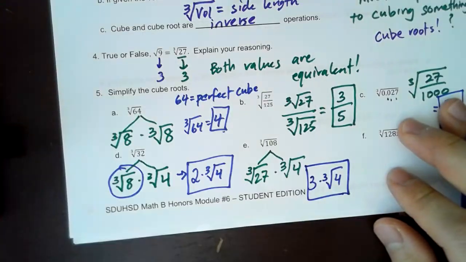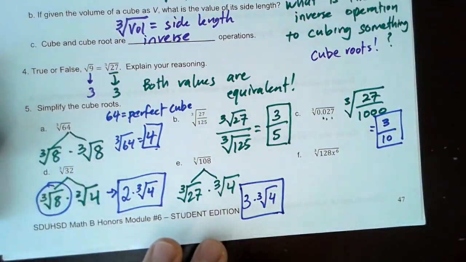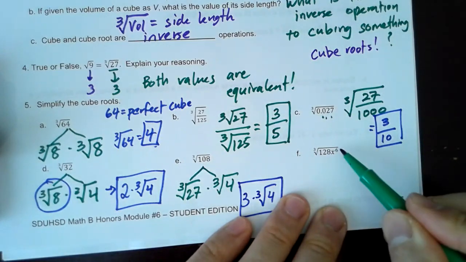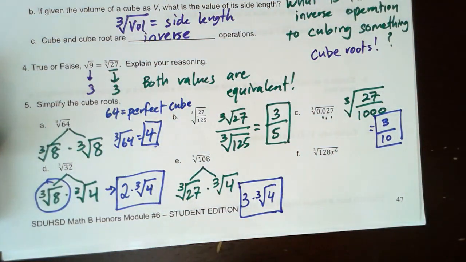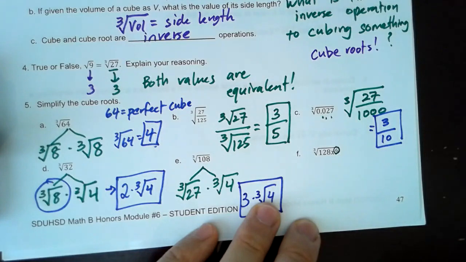Okay. Let's move a little bit faster. Letter F says the cube root of 128, x to the 6. So this is interesting because when we found the square root of something, we knew to divide the power of the variable by 2.